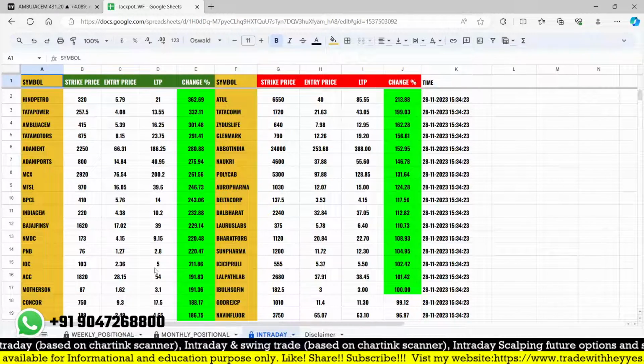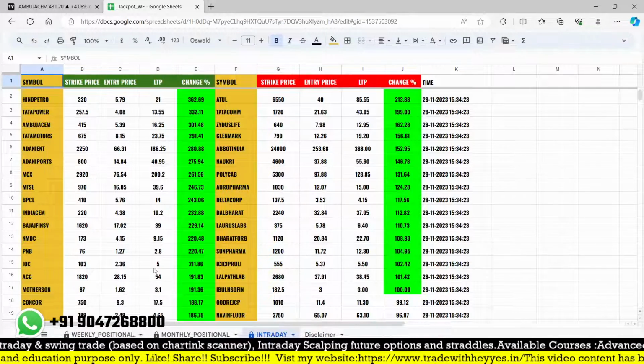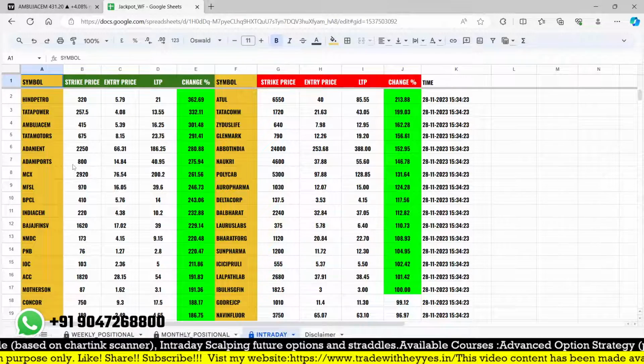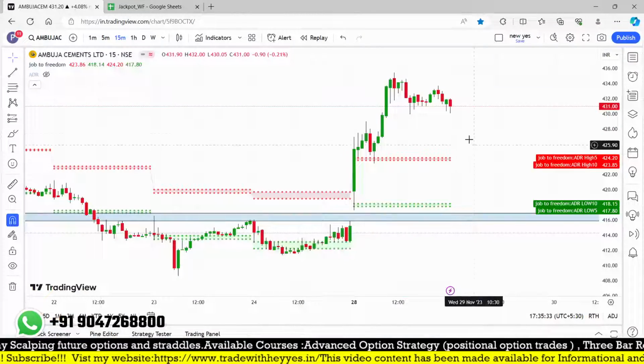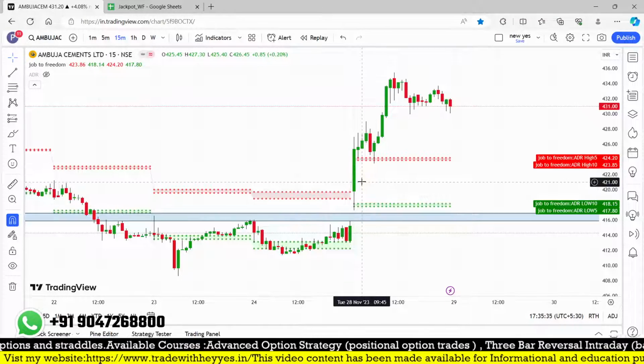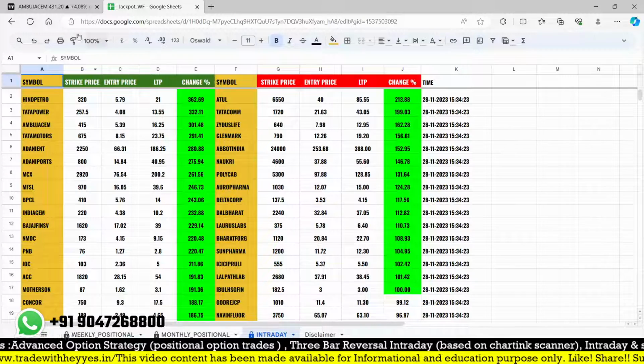Which one, I don't remember. But one of the stocks I was looking at was in the top list of this intraday scanner, but it was not at these particular levels. It was inside between. I also checked that in the live market.